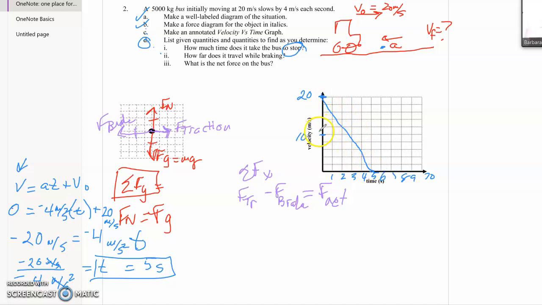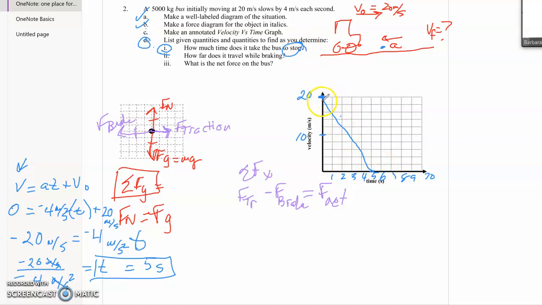I think what's important here is to see that you see me kind of talking a little bit in circles. I could have found the answer by saying I start at 20. If I come down to here, how much time does it take to stop?